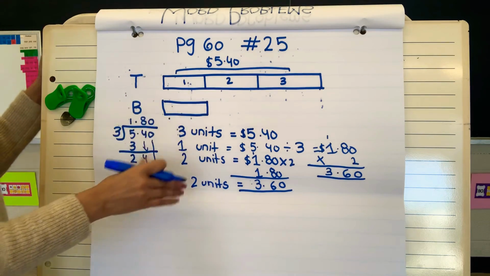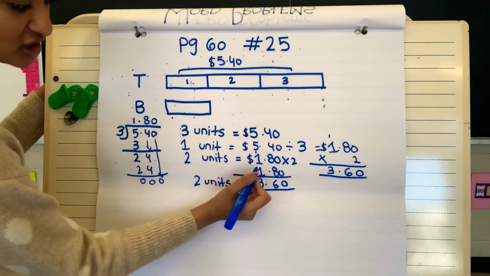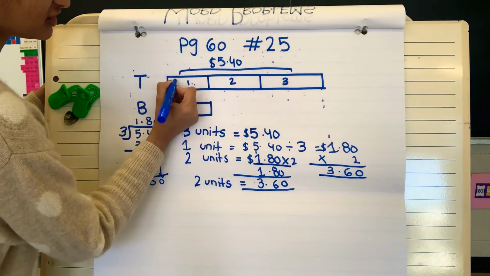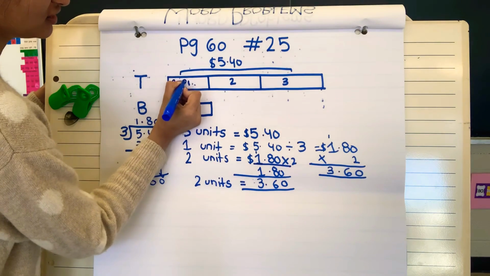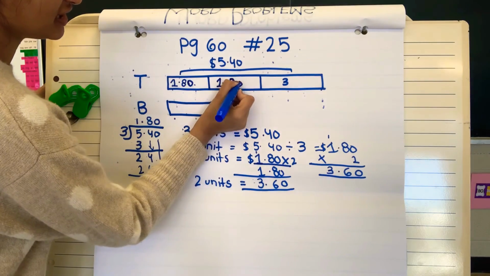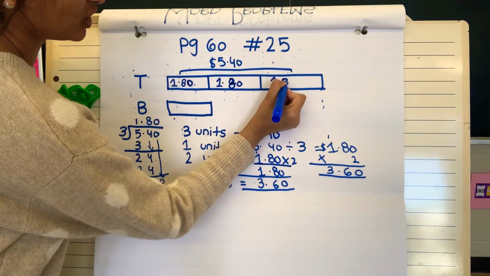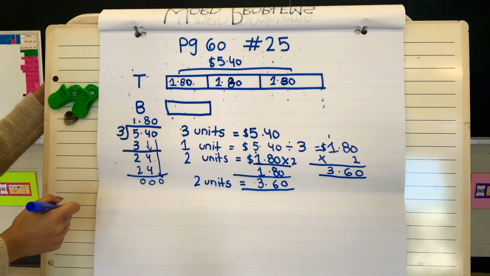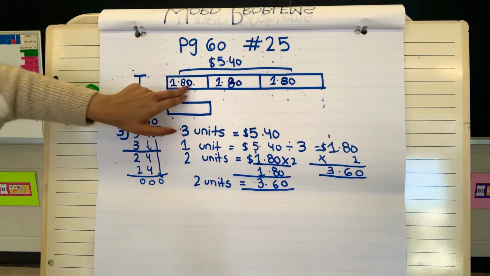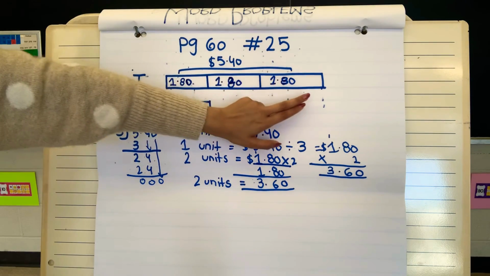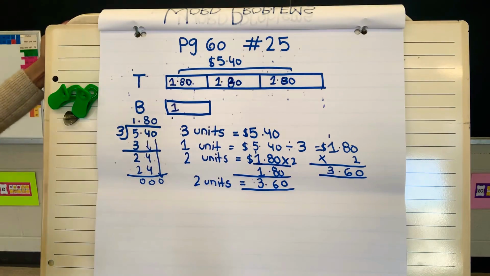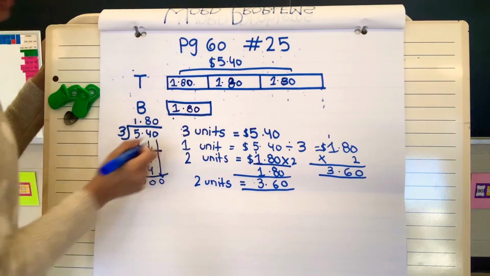What's the cost of 1 unit? So 1 unit was $1.80, right? So I can write it down here: 180, 180, 180, and also 180.